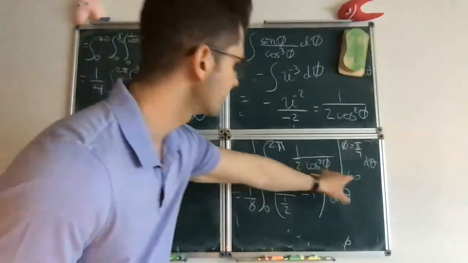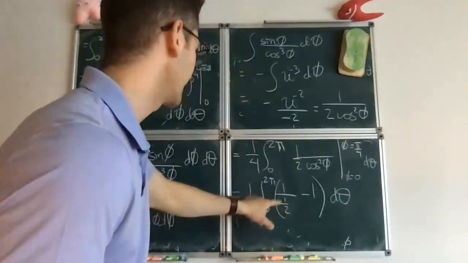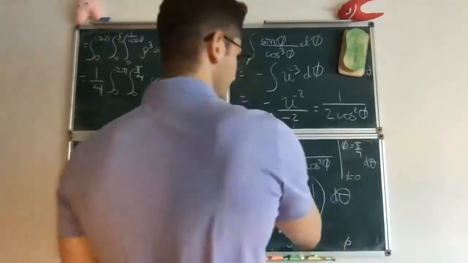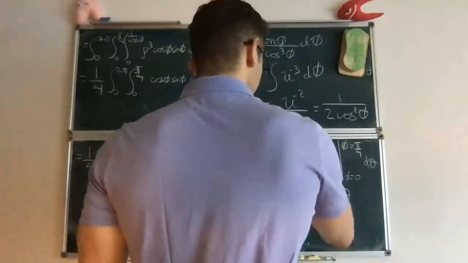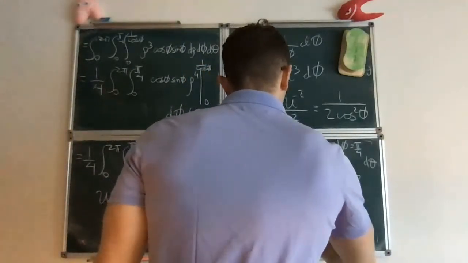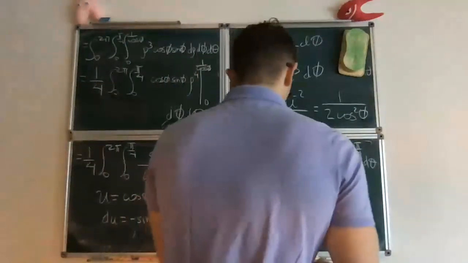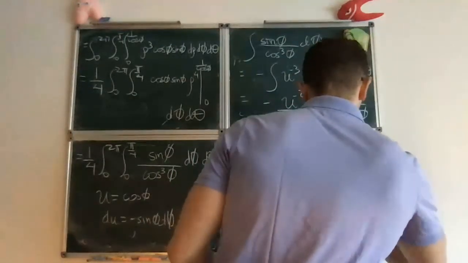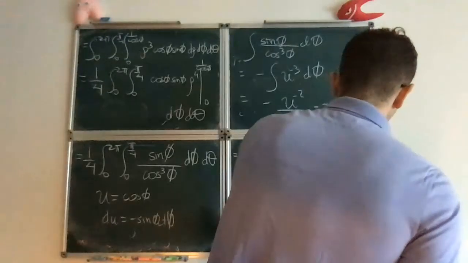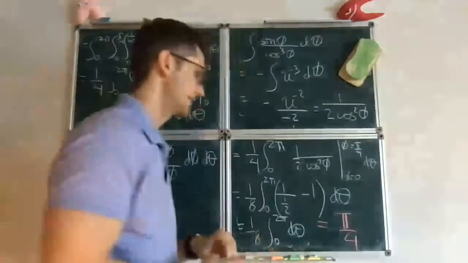Right, because cosine of 0 is 1, so 1 over 1 is 1. So what you get here is 1 over 8. So this becomes 2 minus 1, so it just gives you 1. So this is the integral from 0 to 2 pi of d theta, which gives 2 pi, so you get pi over 4. Which is, remember what we found using cylindrical coordinates.